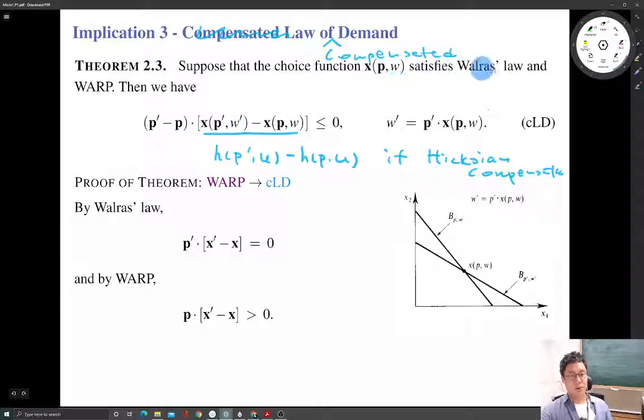And under the Walras law and the WARP, we can show that the law of compensated demand is actually satisfied. Actually, we can show that these two are equivalent, but that is beyond our scope. So let me skip that. But if you are interested in the equivalence between the WARP and compensated demand, you can refer to the textbook.